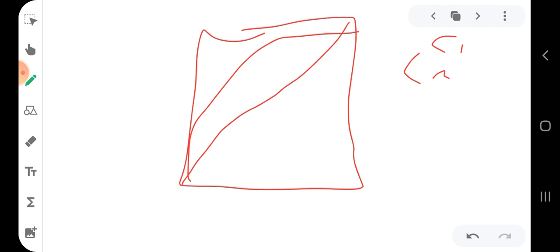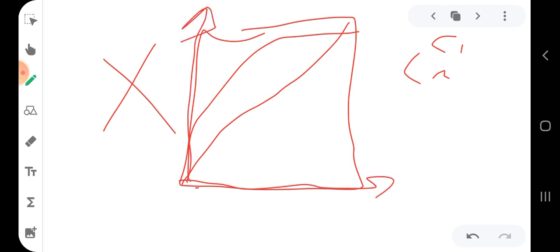If you have more than 2 components, you cannot rely on a graphical solution. Why? Because a graphical solution is two-dimensional, so it's only applicable if you have 2 components. When you have 3, 4, 5 components, you are going to higher dimensions, which are difficult to draw or sometimes impossible to draw. So we cannot rely on the graphical solution for multi-component.